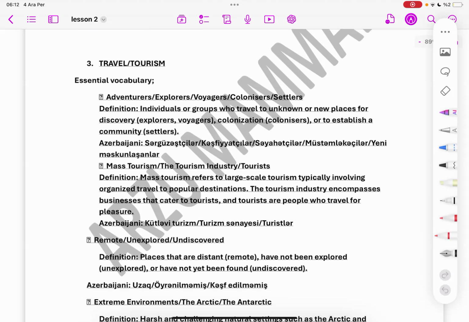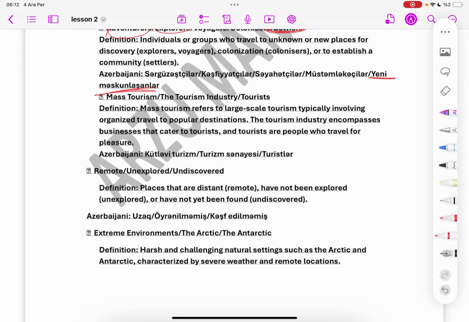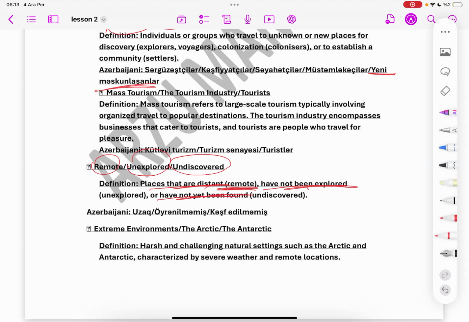So here, settler, for example, people like the new residents of the area, okay? So explorers, adventurers, you can see this one. Remote, unexplored, undiscovered. Places that are distant or remote, have not been explored before or have not yet been found. Extreme environments, when it is too hot or too cold, it is extreme.